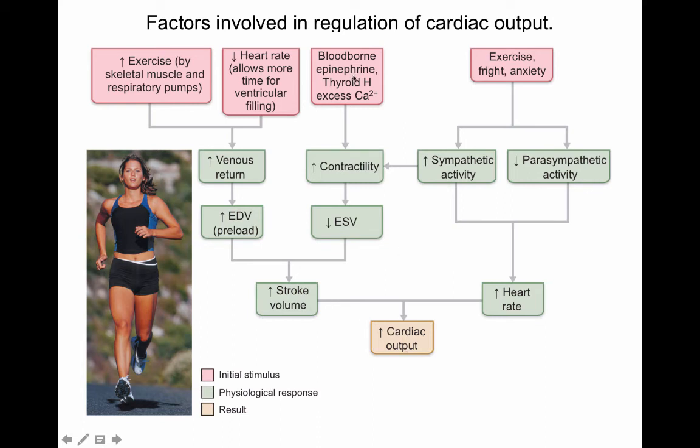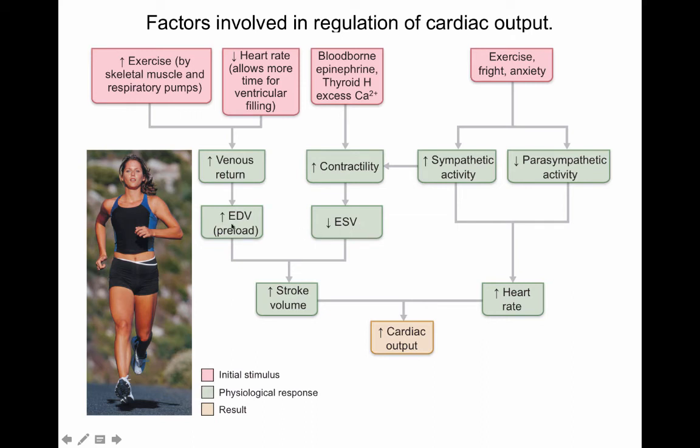We also see that upon exercising, blood-borne epinephrine and thyroid hormone, as well as excess calcium, can be released to increase contractility of the heart and decrease the end systolic volume. So the amount that's pushed out is greater. There's less of it left behind, so there's less end systolic volume.